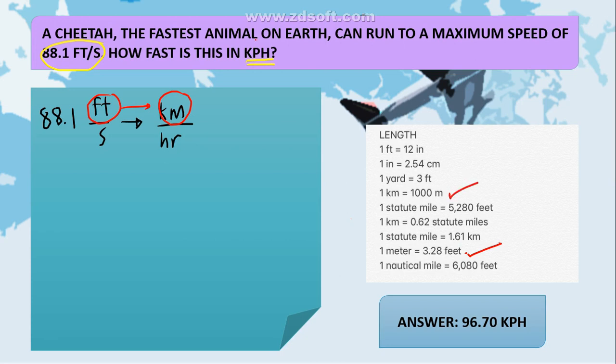Okay, for 88.1 feet per second, multiply the first conversion factor which is 3.28 feet is equal to 1 meter. Cancel feet. And then, papuntang kilometer, so we get another conversion factor which is this one. 1 kilometer is 1,000 meters.